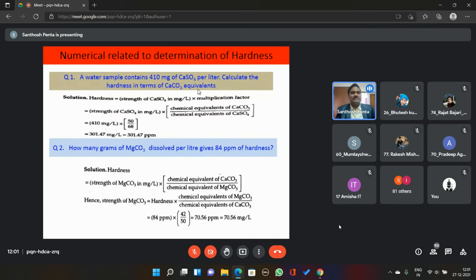Multiplication factor is nothing but 100 by molecular weight of that hardness producing substance. Here, what is the hardness producing substance? Magnesium bicarbonate. What is its molecular weight? 146. 100 by 146. You simply calculate it, you would be getting the hardness of magnesium bicarbonate in equivalence of calcium carbonate.